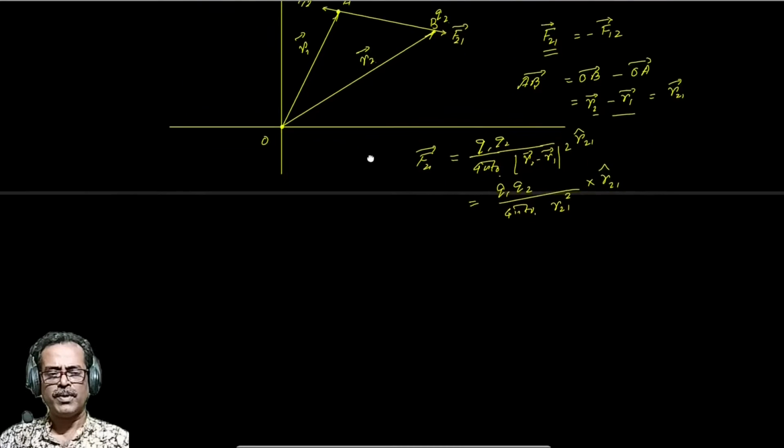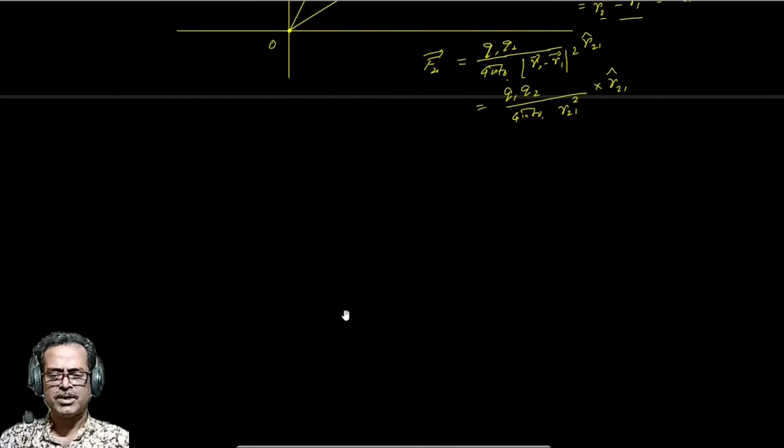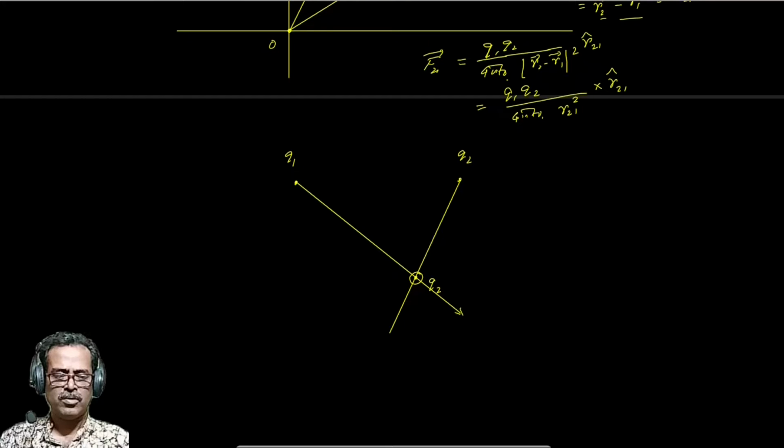Now, what will happen if there are several point charges? Suppose this is a point charge, this is another charge, this is another charge, Q1, Q2, Q3. We have to apply the superposition principle, that is the net force acting on this charge will be the resultant force of the other charges.